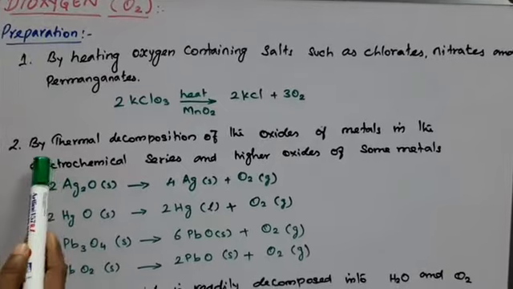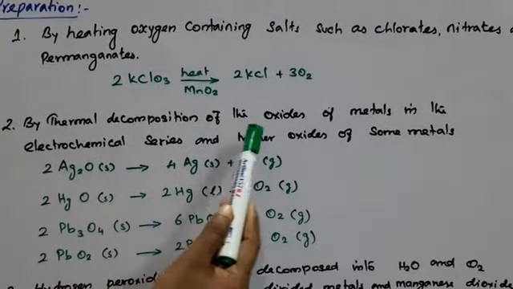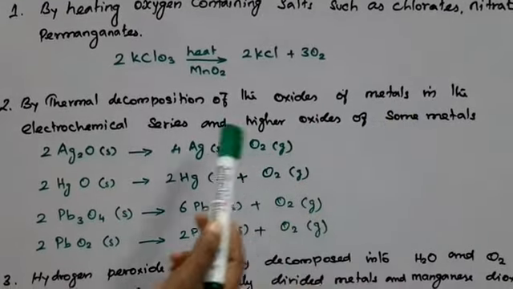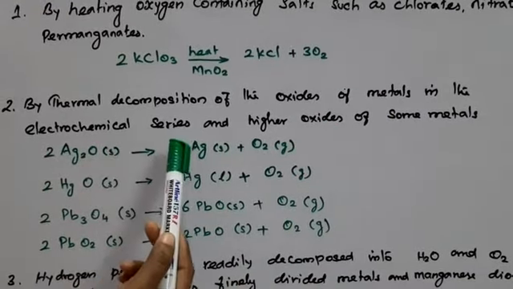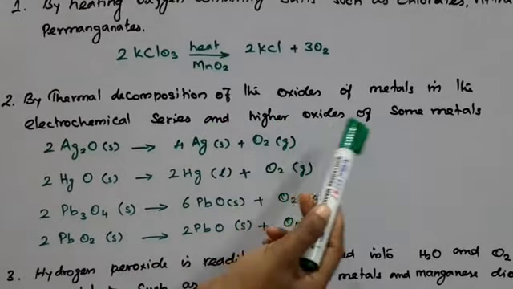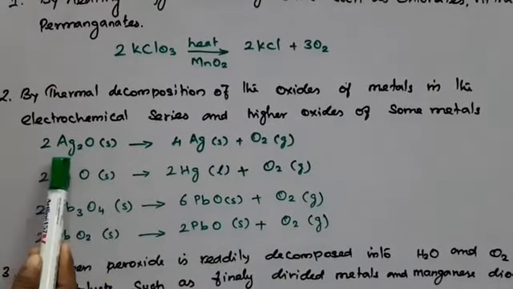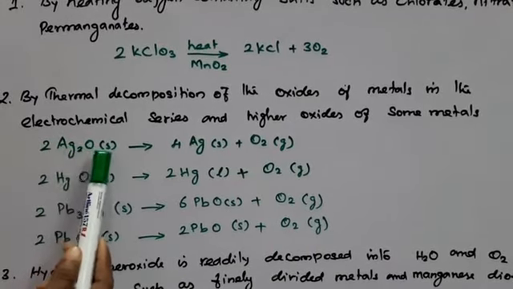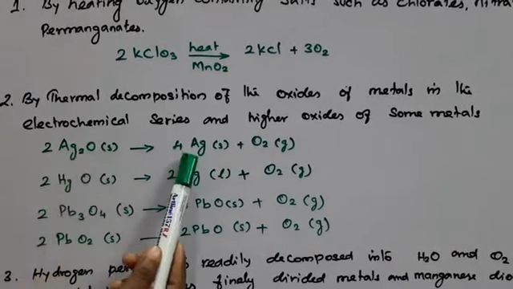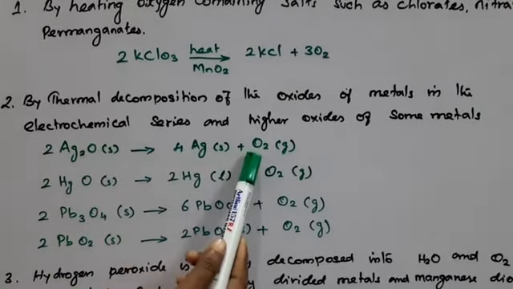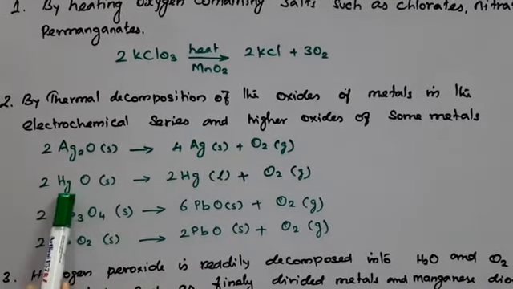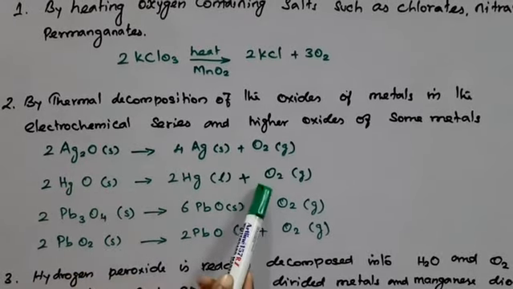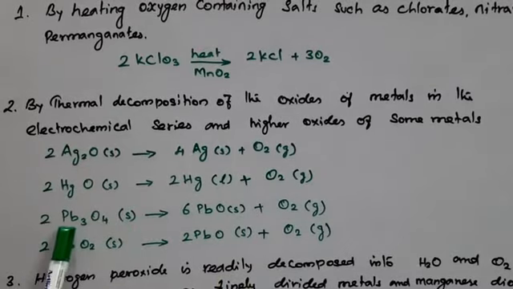The second method is thermal decomposition of oxides of metals. So it has to be low in the electrochemical series, and also the higher oxides of some metals. Ag2O means silver oxide, thermally decomposed to give silver and dioxygen, and HgO means mercury oxide, reduced to give mercury and O2 dioxygen.